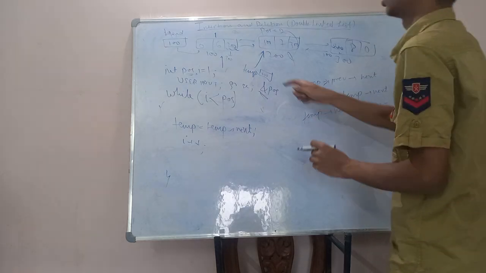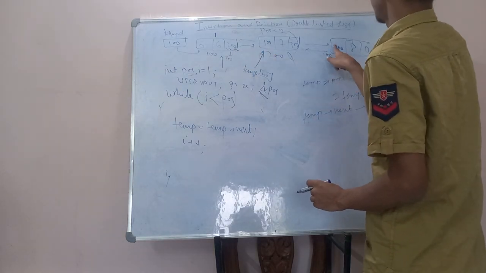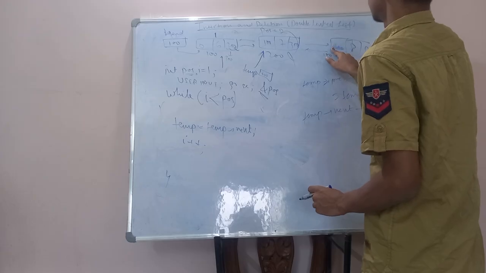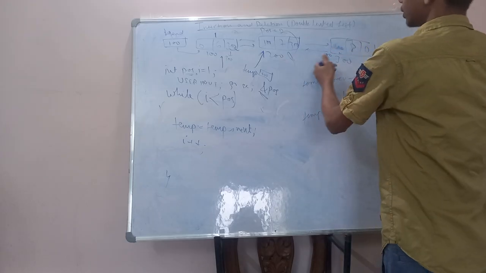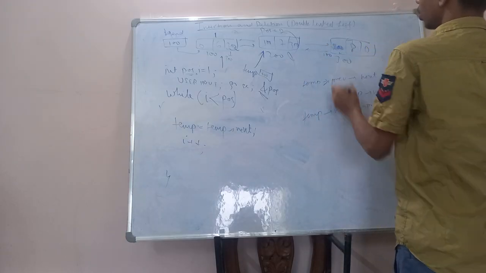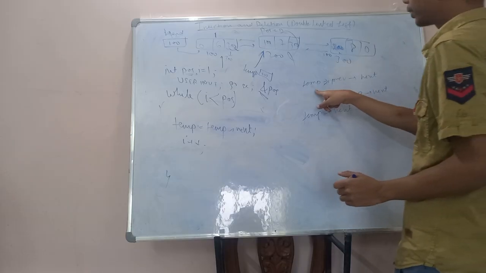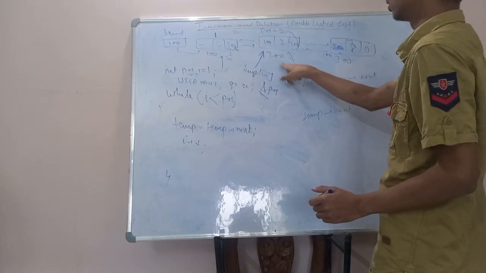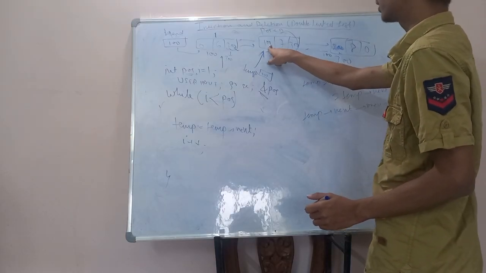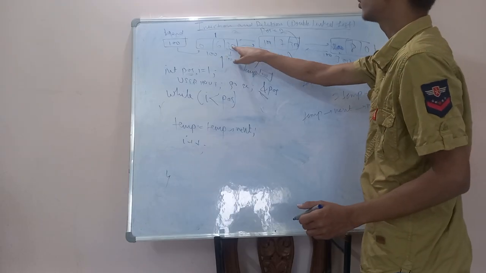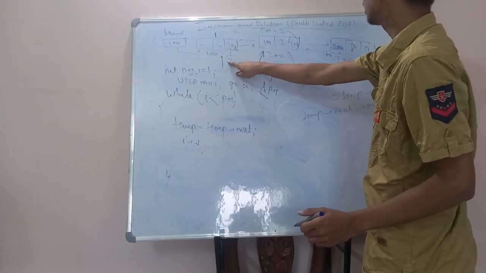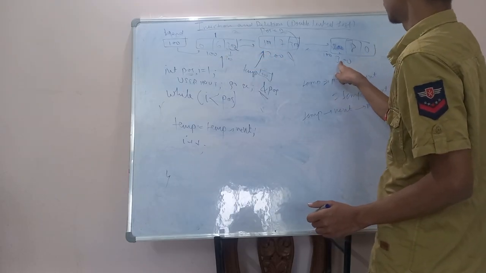Suppose this is 200 and this is, right, this is 200. Now what I did, with help of temp I went to this part, and with help of that, this is pointing here, so I went here, I stored here this address, right.